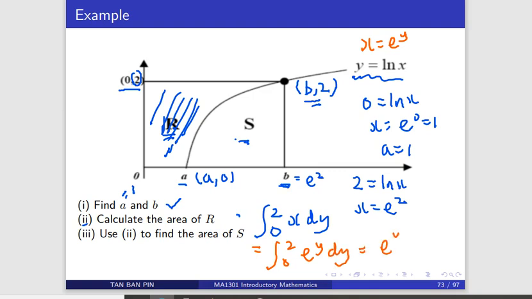Integrating e power y is just e power y. You sub in the upper and lower limits 2 and 0. So it should give you e power 2 minus e power 0. E power 0 is 1. So the area R is just e power 2 minus 1.